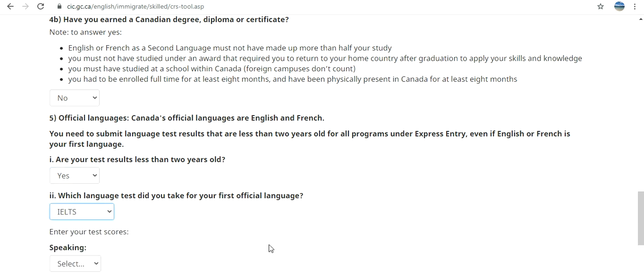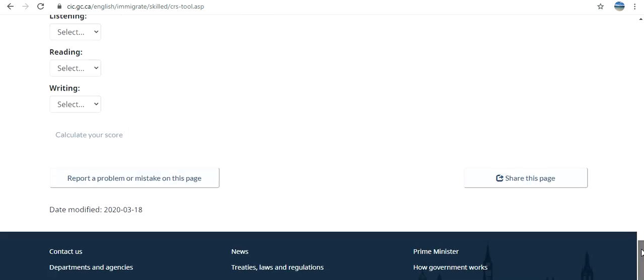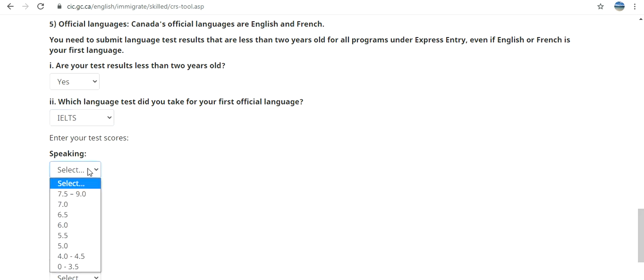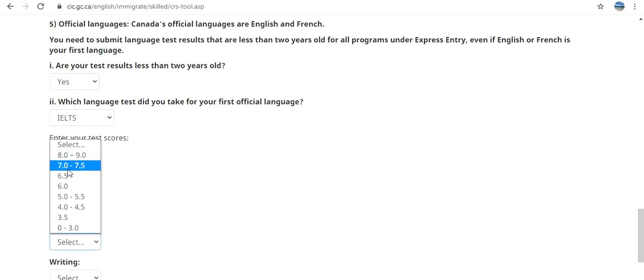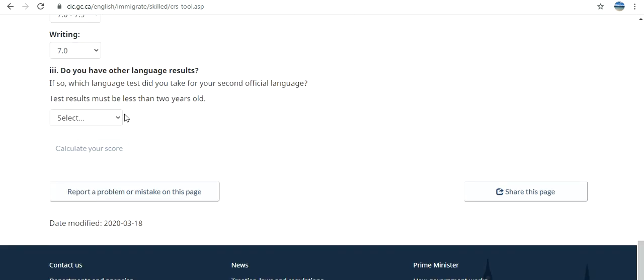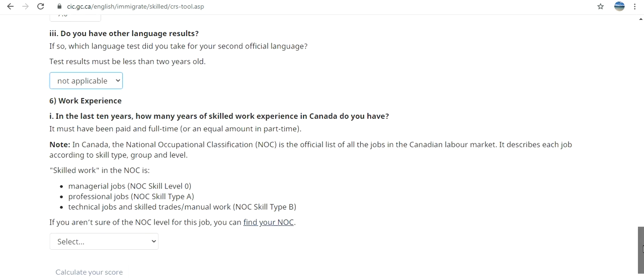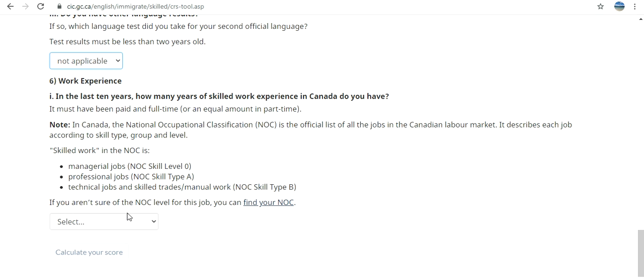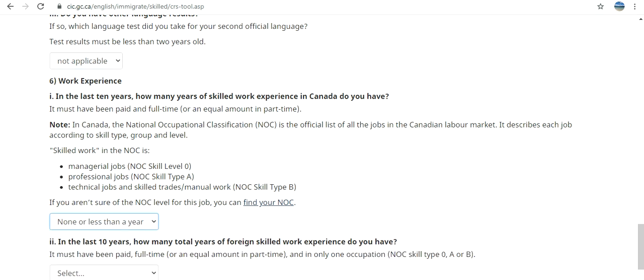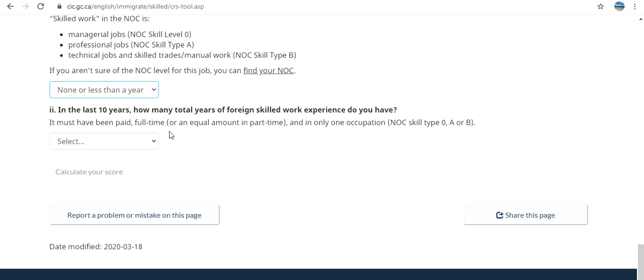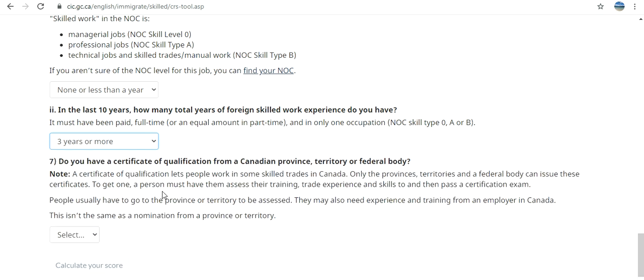Same answers as for the husband, all 7. Do you have other language tests? Let's say not applicable. Work experience? Foreign, she has 3 years or more.